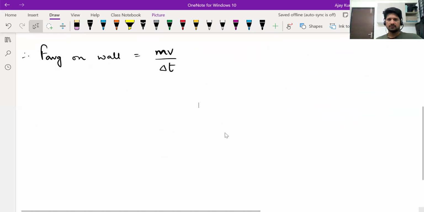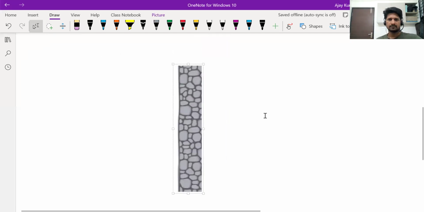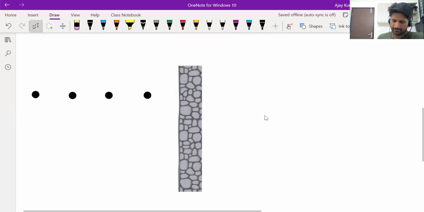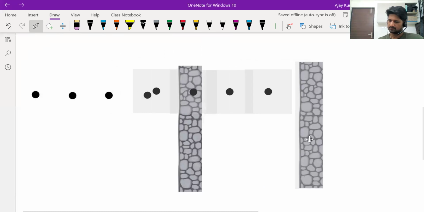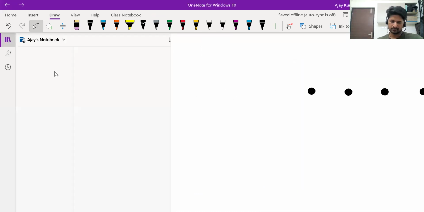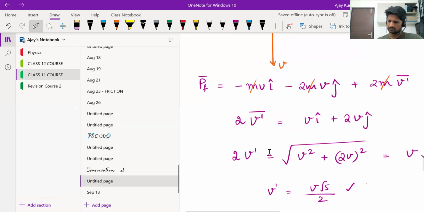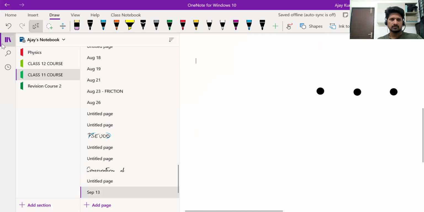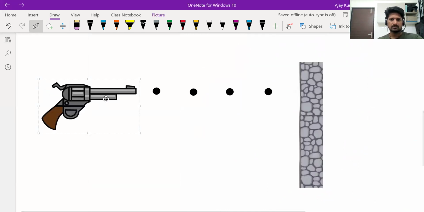Okay. Now consider this situation, all of you. Suppose there is a wall, and let's say we are firing balls continuously at the wall. Balls, bullets, whatever it is, you can consider it whichever way you want. Let's say the gun is firing bullets at the wall.